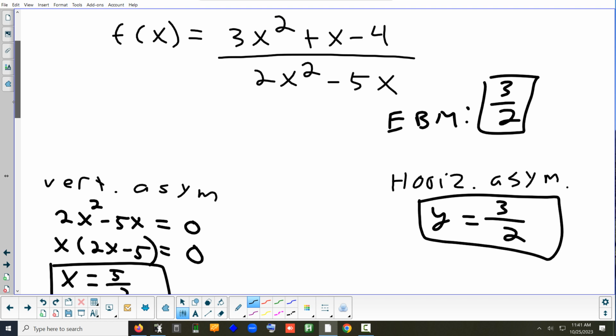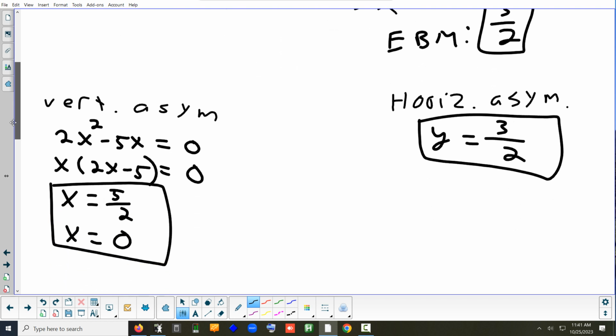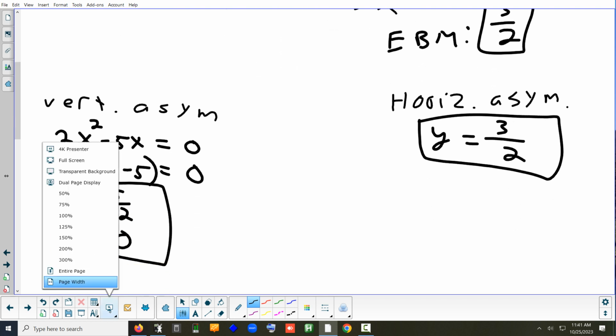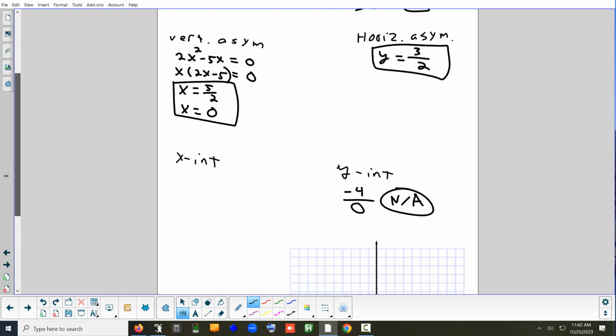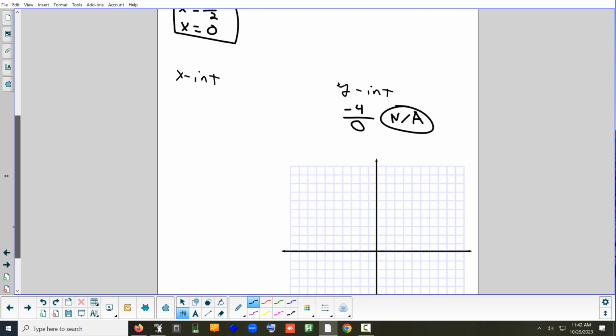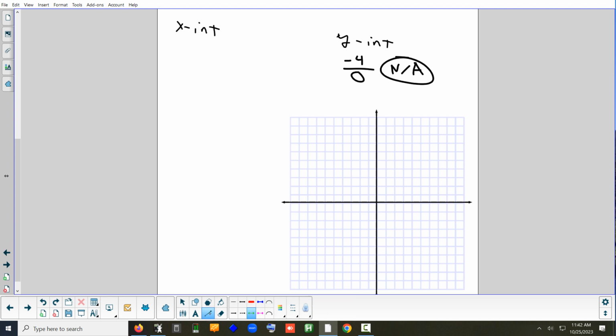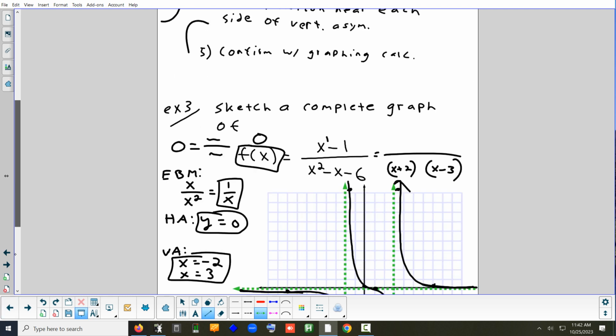All right. That's enough information to start to make a sketch. Okay. What I do is I zoom out so it's easier for me to draw. So when your vertical asymptote equals 0, then there's no y-intercept. Right. Okay. Because you're not crossing that line. You never cross the vertical asymptotes in these problems.